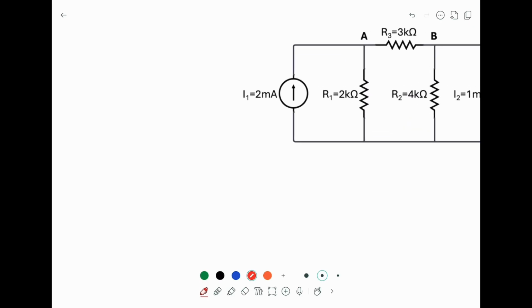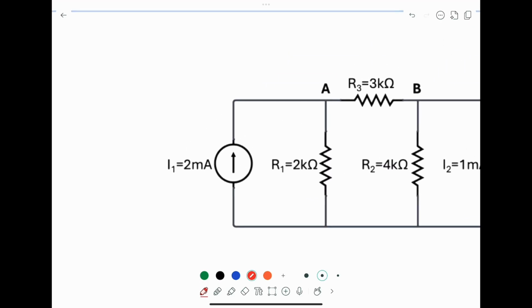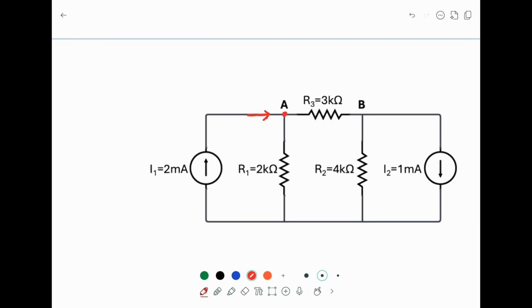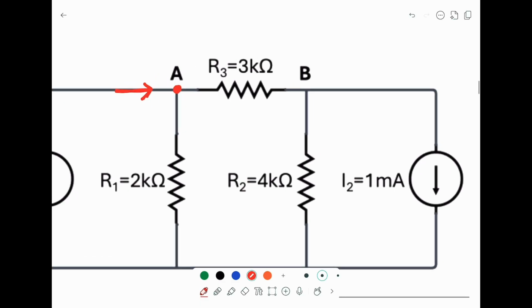First, look at how the current flows within this circuit. We have a current source of 2 milliamp, I1. So this is node A. We can assume that the 2 milliamp here is injected into the node. Now I2 is flowing down, so at this node, this is I2.